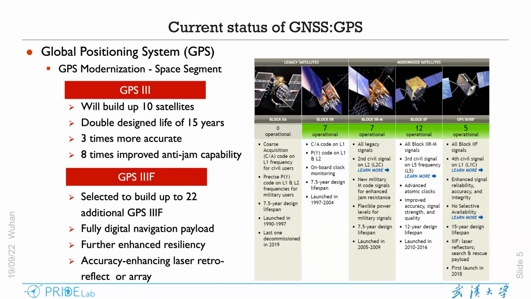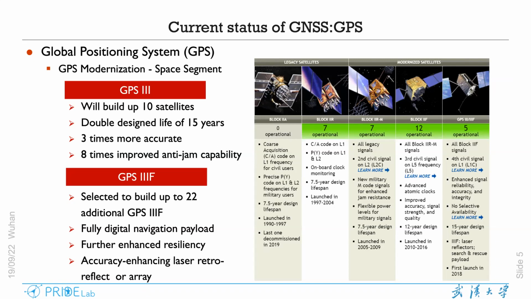The latest development of the GPS constellation is that about 10 satellites have been launched into space as GPS Block 3 satellites, which are designed to have 3 times more accurate observations to improve people's positioning experiences, and 8 times more improved anti-jam capability.